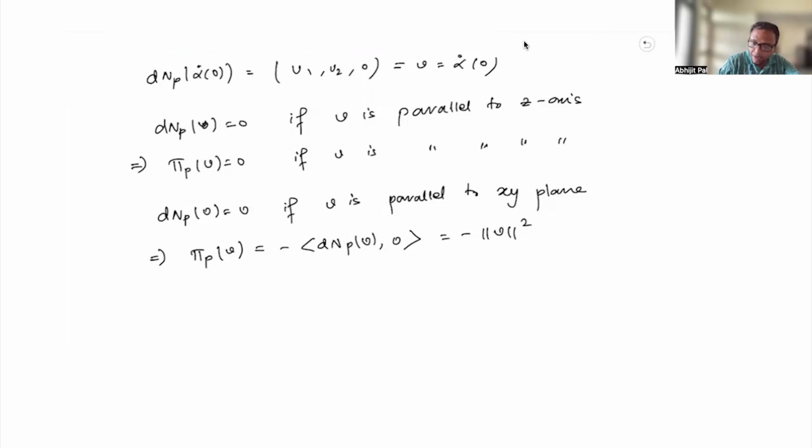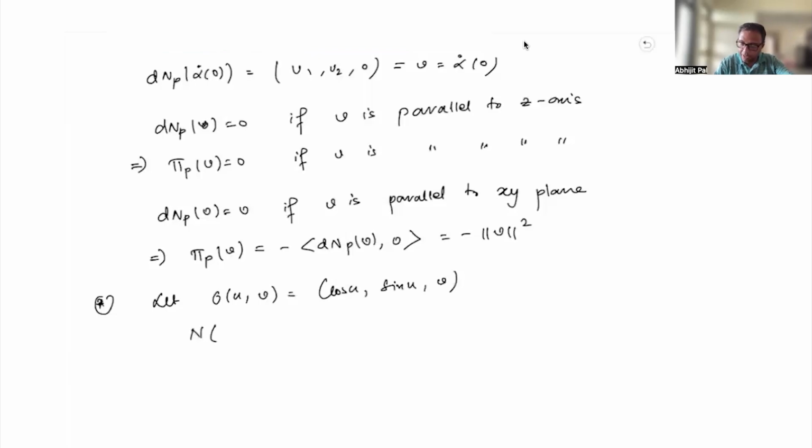Okay. So now in terms of local coordinates, how do I get this second fundamental form? Let sigma(u, v) be equal to (cos u, sin u, v).